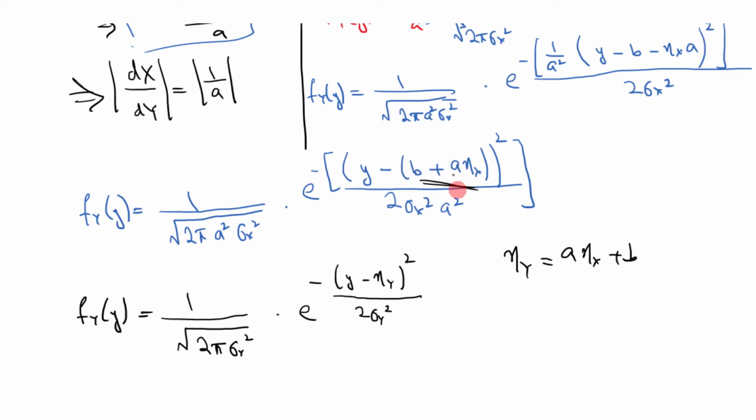This whole expression is the average of y, and this thing, a square sigma x square, is the variance of y.